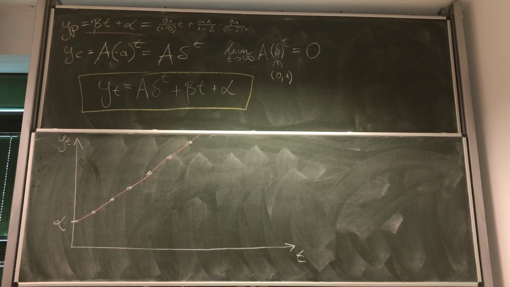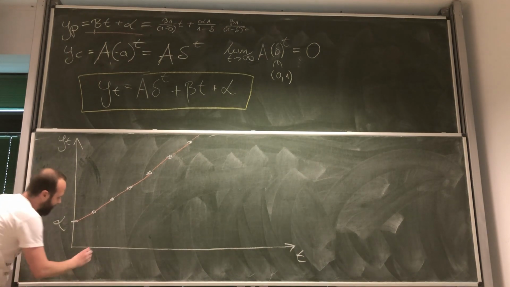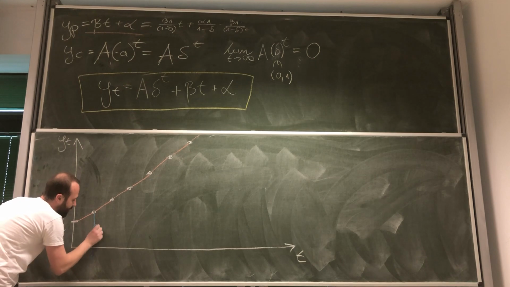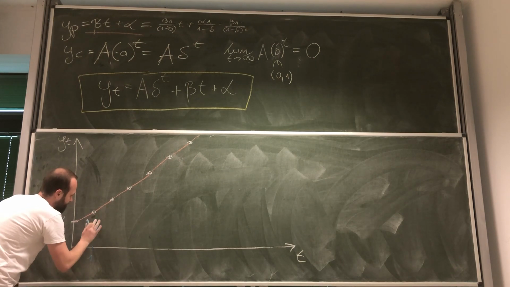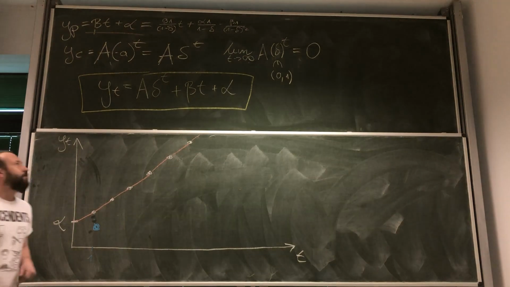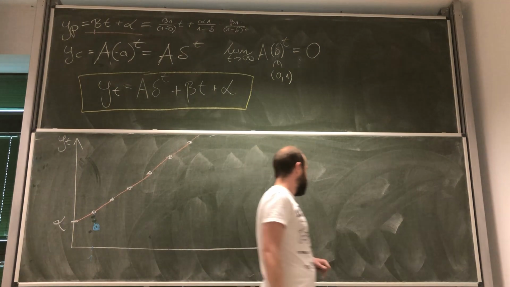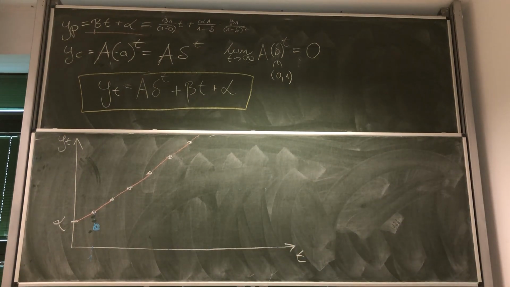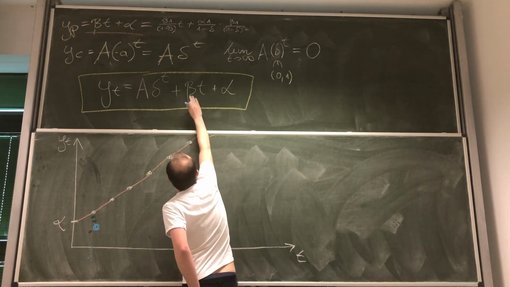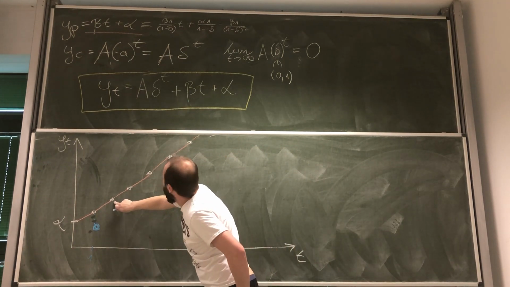Let's just say that at some point of time, t1, we have a shock, and GDP falls below the equilibrium value. What's going to happen next period? Next period, of course, we follow the trend.